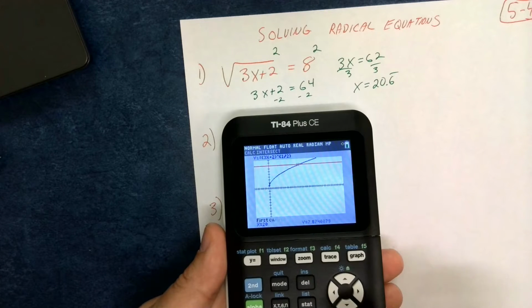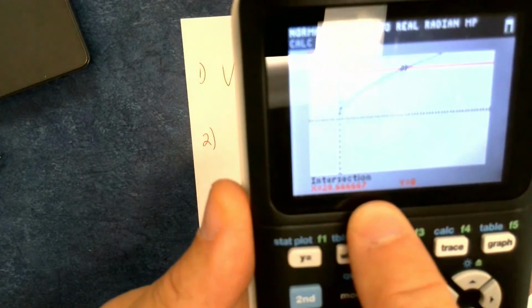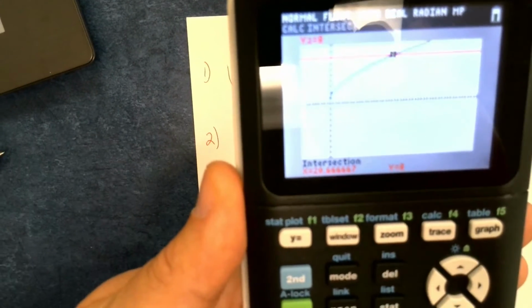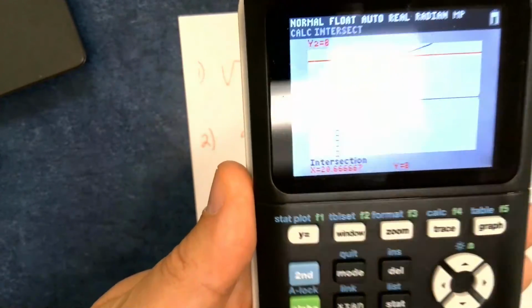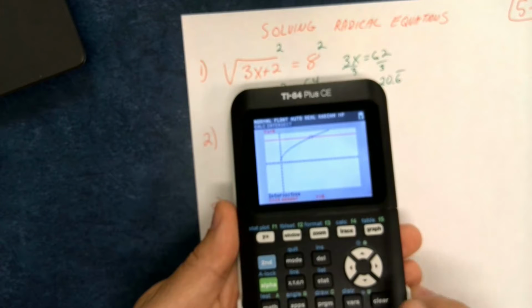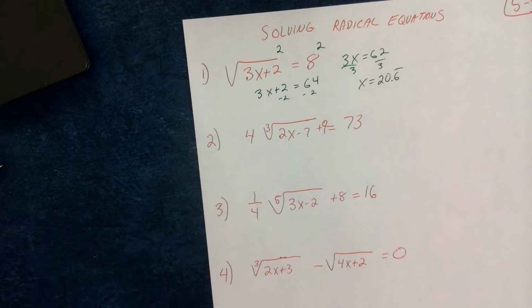Second trace, number 5, intersection, enter, enter, enter, and you can see right there, maybe zoom that in a little bit, 20 2/3, same thing that we got when we did the algebra. So there is an example of just using the calculator, not that I have to use it each time.